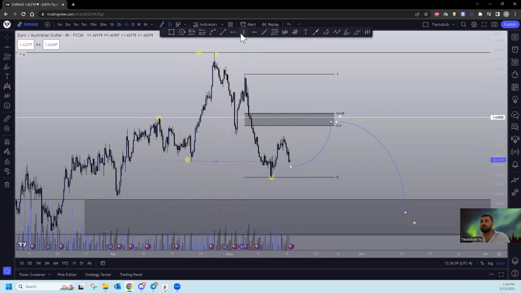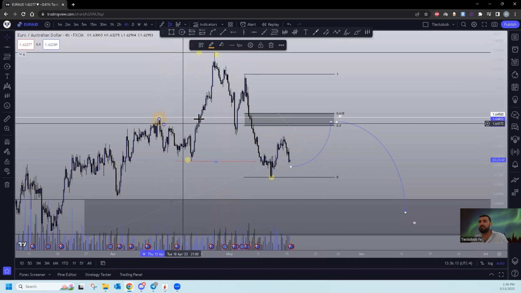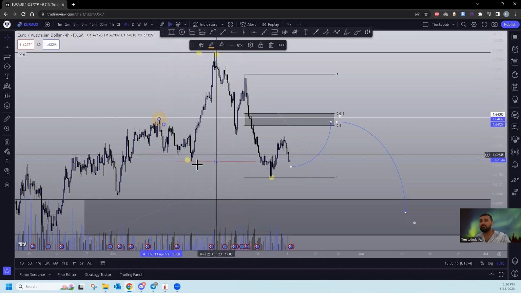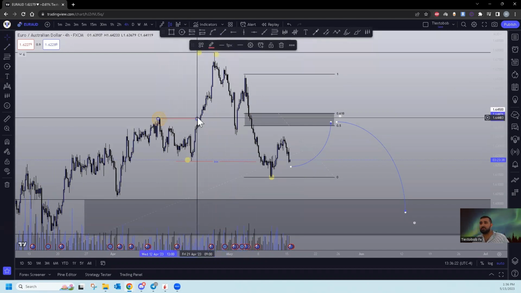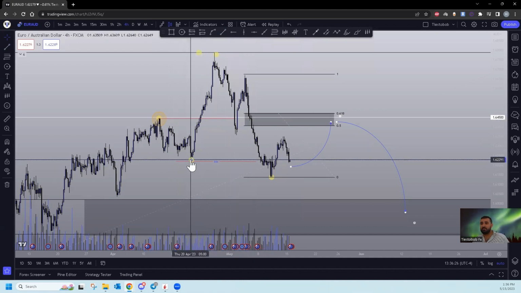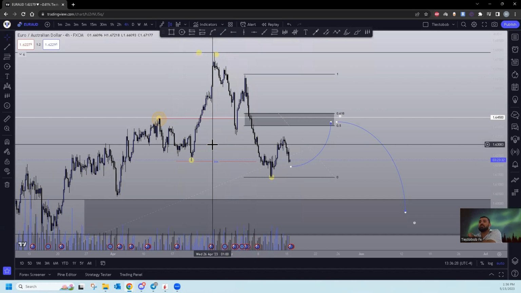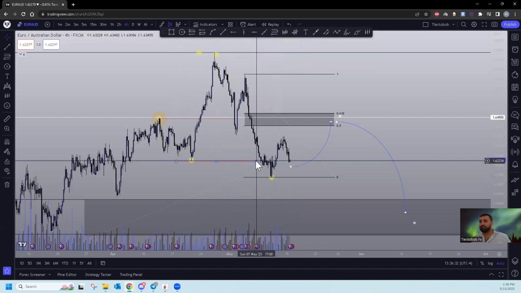As you recall, we had this higher high over here. It was broken over here. On the lower time frames, you can see it being broken over here. Apologies, it's broken over here, and this higher low is also being broken by this point over here.